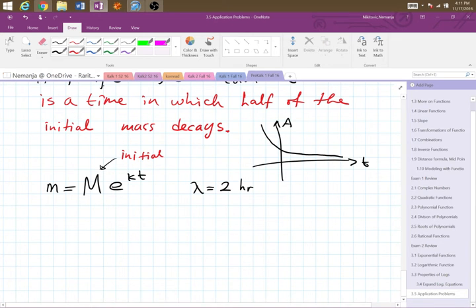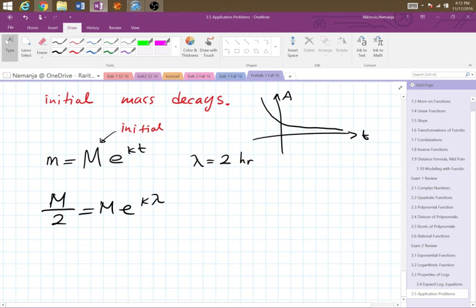So this is the initial. What's left is half of it. So I have mass divided by 2 is equal to mass times e to the 2k. Because t is lambda, right? Lambda is time, which is 2 hours. Let's go with k lambda, and then we'll plug in the value. Notice that mass cancels.